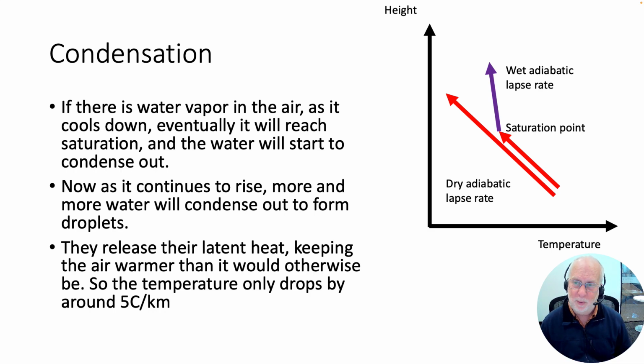So what happens is it does continue to cool down, but now it cools down much less because it's releasing more and more latent heat as this water condenses out. So the temperature only drops now by about 5 degrees C per kilometre. It depends on the exact humidity and temperature. It can be between 2 and about 7. But anyway, much less than it did before.